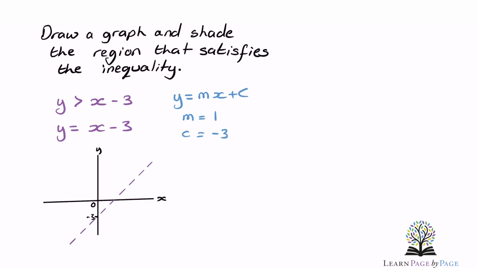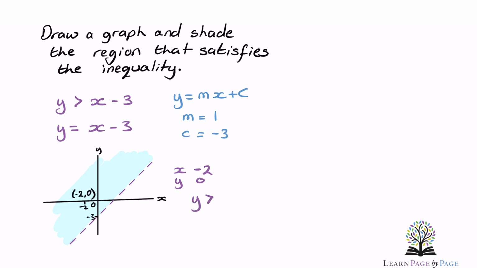And now I'm going to shade the region, but this time I'll shade the region that is greater than x minus 3. That would be here. And if we wanted to test this inequality, what we would do is pick a coordinate and see if it satisfies the inequality. So if we picked this point about here, let's say -2 is our x value and 0 is our y value, and we put those values into the inequality, we can test whether the region that we've shaded satisfies it.